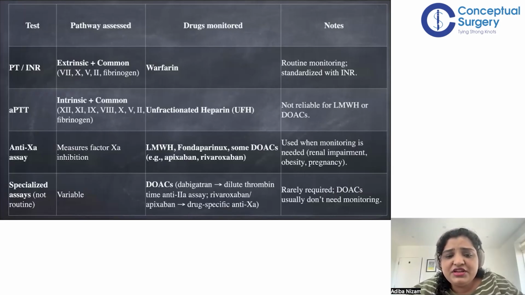And there are some specialized assays, especially for dabigatran. You have to use an anti-factor 2A assay or a dilute thrombin time test. These are rarely required because most of the time these direct acting oral anticoagulants do not require monitoring, only in very special conditions. And when they do require monitoring, we will need to do a drug specific assay.